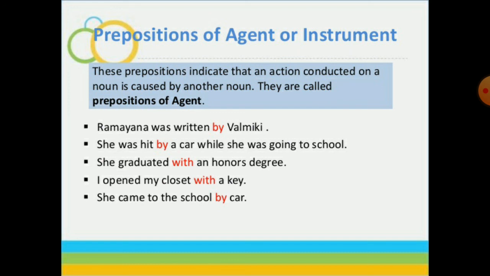She graduated with an honors degree. I opened my closet with a key. Then she came to the school by car. So all these prepositions indicate that an action conducted on a noun is caused by another noun. So these are the prepositions which we use daily in the English language.